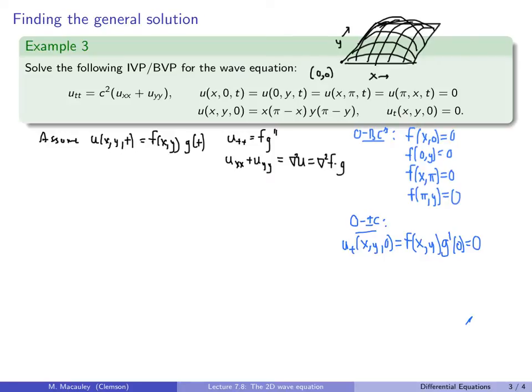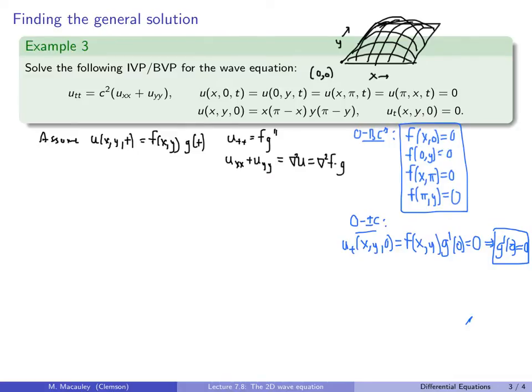And that tells us right away that g prime of 0 equals 0. So we have these boundary conditions, but we also know this. And again, we don't have to use this till the very end. It just makes things easier to do it earlier rather than later.